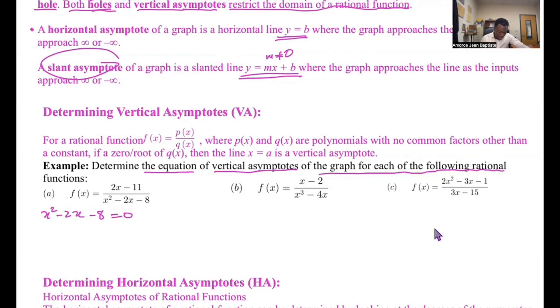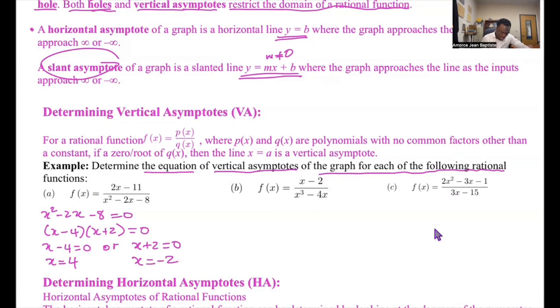So we can factor this: x minus 4 times x plus 2 equals 0, x minus 4 equals 0, or x plus 2 equals 0. Add 4, x equals 4. Subtract 2, x equals negative 2.